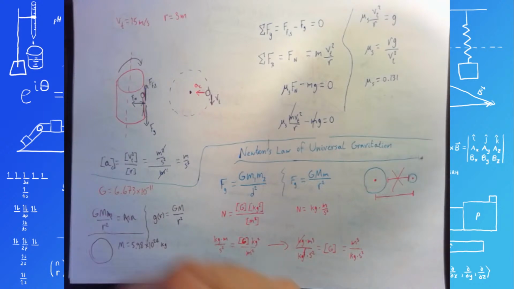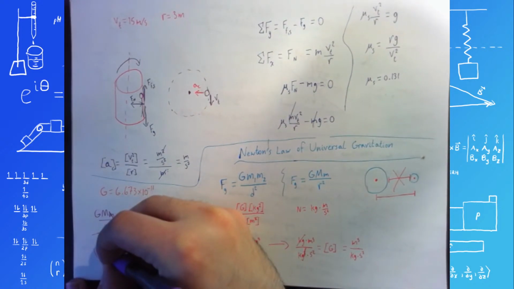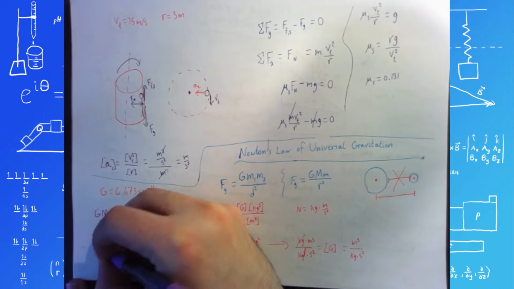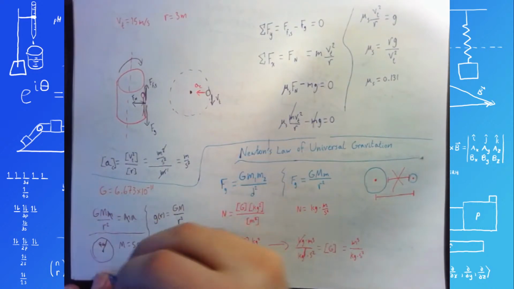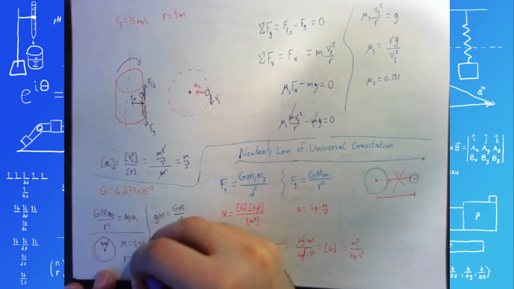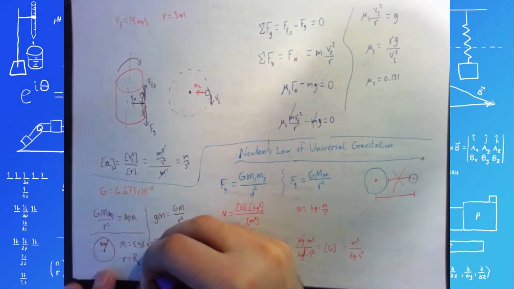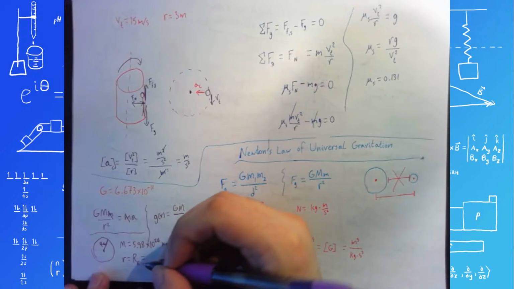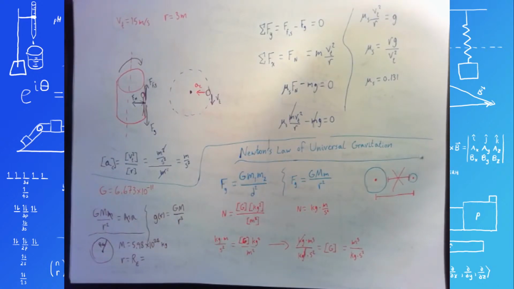for our purposes. And then if you're on the surface of the Earth, well, the Earth has a radius, I'll call it r sub e, radius of Earth. R equals r sub e, radius of Earth is, what was it again?